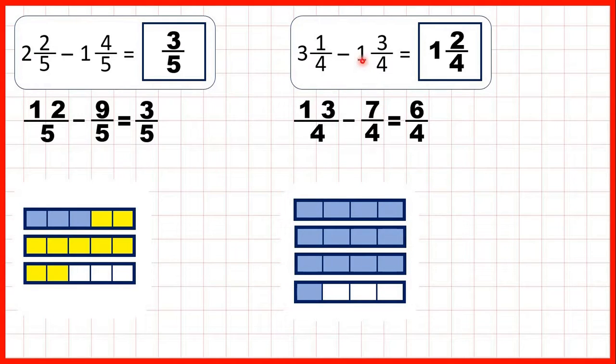We were subtracting 1 and 3/4, but that's the same as 7/4, and if we subtract 7 of these quarters, we're left with 6/4. But as a mixed number, you can see that here we have one whole fraction bar shaded blue and 2/4 of another one, so that gives us our answer 1 and 2/4.